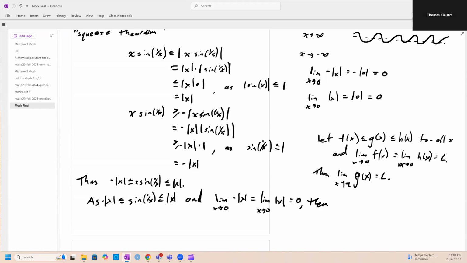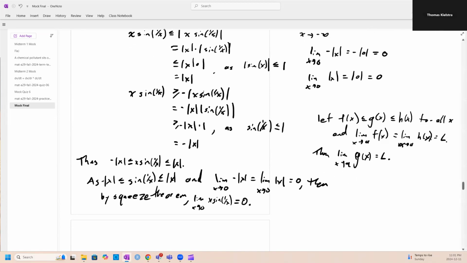So we say then, by squeeze theorem, the limit as x approaches 0 of our middle function, x sine 1 over x, must also equal L, which is 0. And we have our solution.